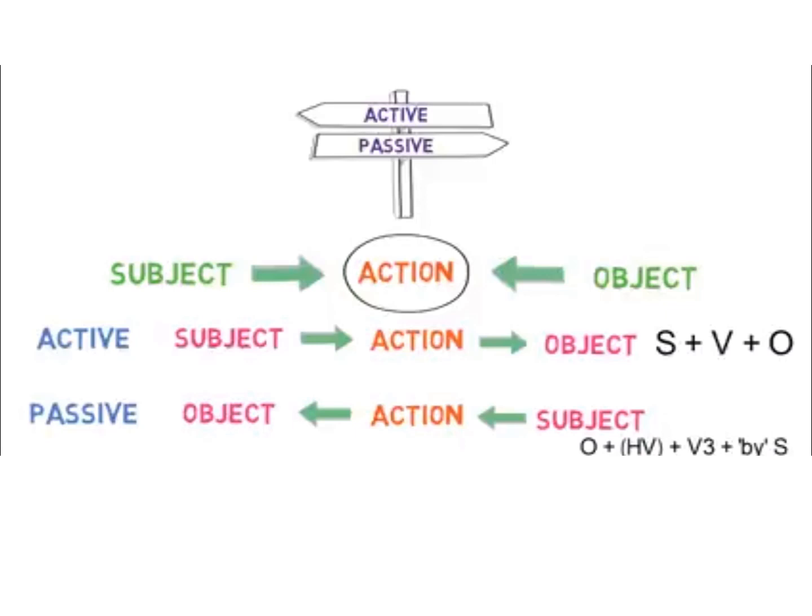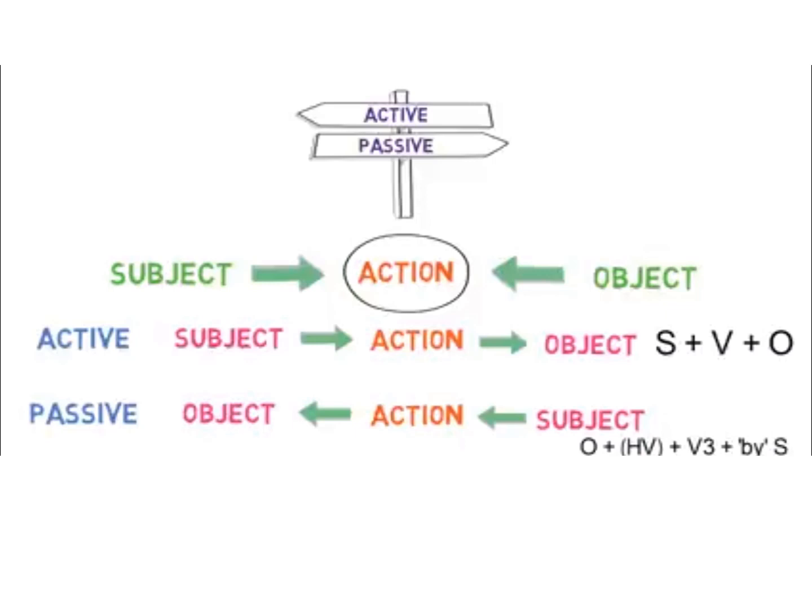Now, when you read the sentence, you will come to know that if the object is at the first position, then that sentence is in the passive voice. So here it would be object, action, and subject.